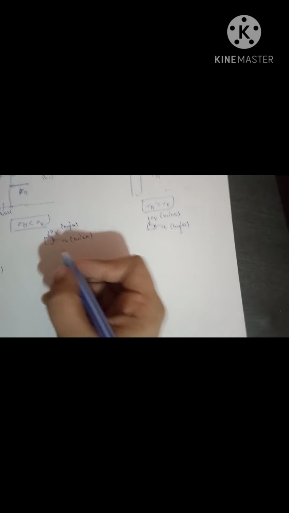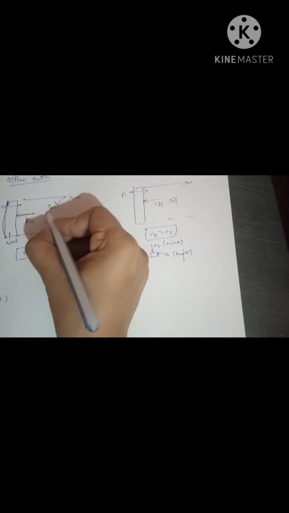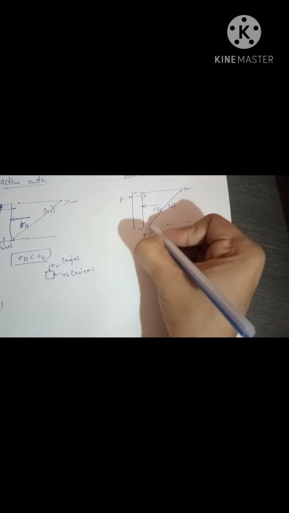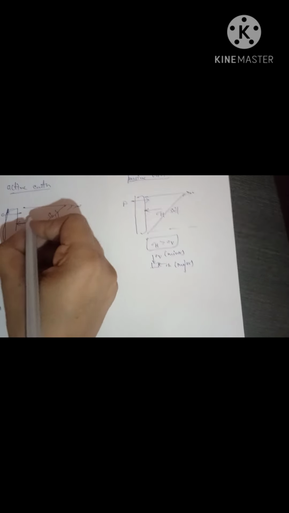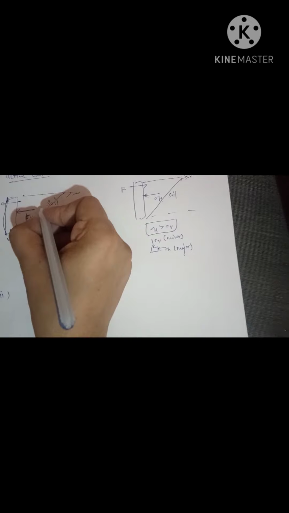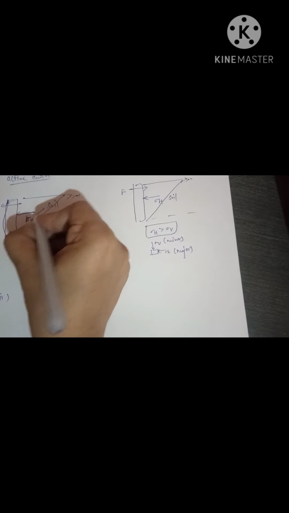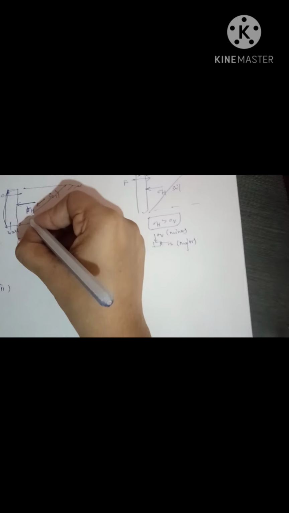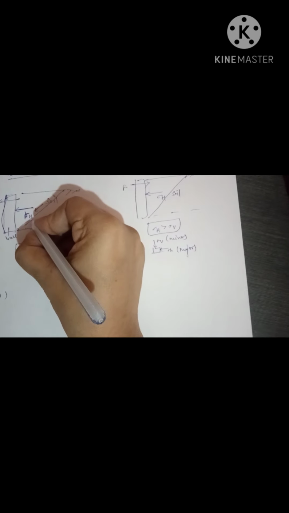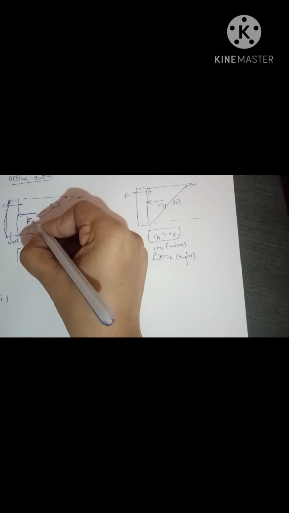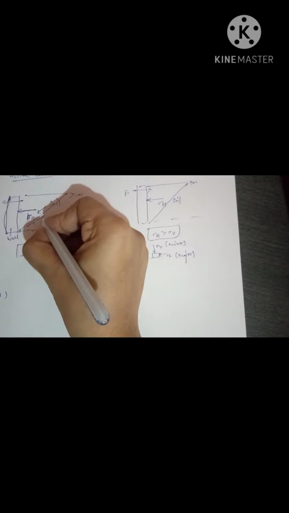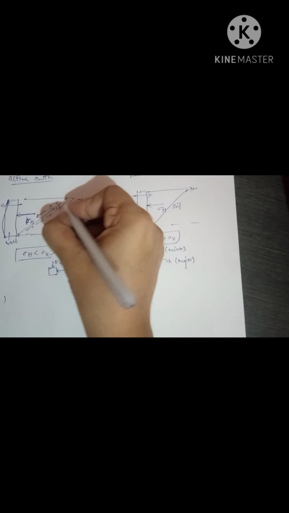As you can see that in the first case, these are failure surfaces, so the wall is moving away from the backfill, so the soil behind the wall will move downward and the soil adjacent to it will resist it, so there is a resisting force opposite to the motion of soil.